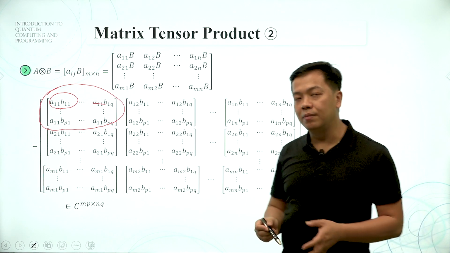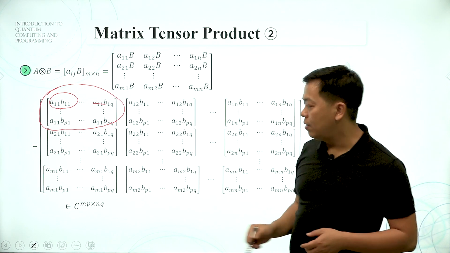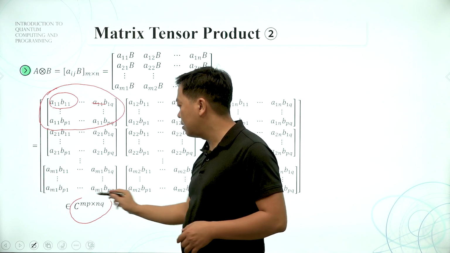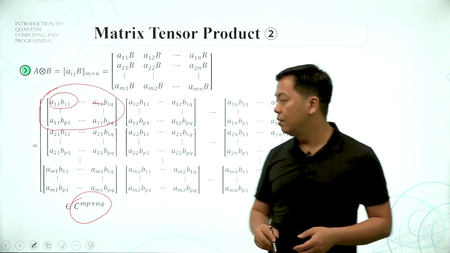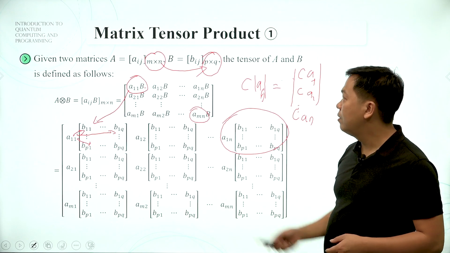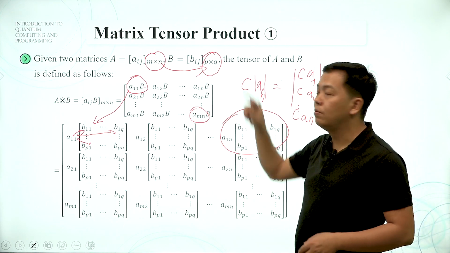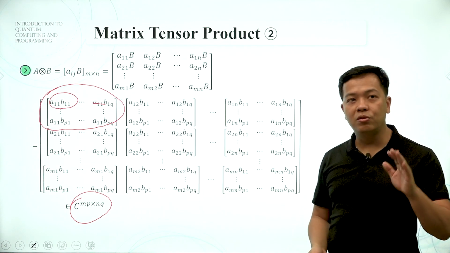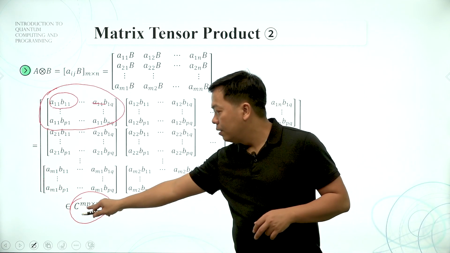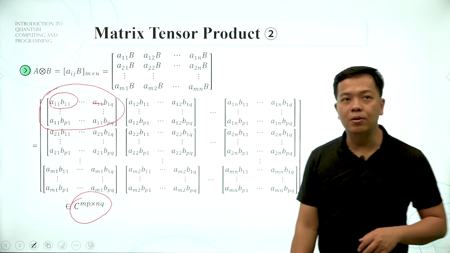The parent vector space is equal to MP multiplied by NQ. Previously we had MN and PQ, right? Now after you multiply, you have a total of MP by NQ.